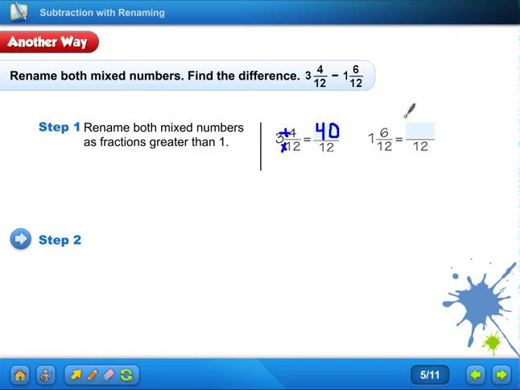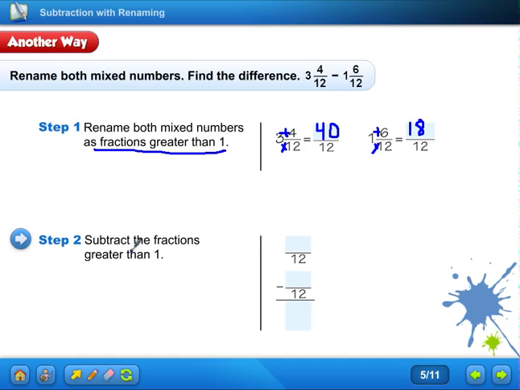Second step is 12 times 1 is 12 plus 6 is 18. All right, so now there's our new fractions. They are fractions greater than 1, or we also can call them an improper fraction.